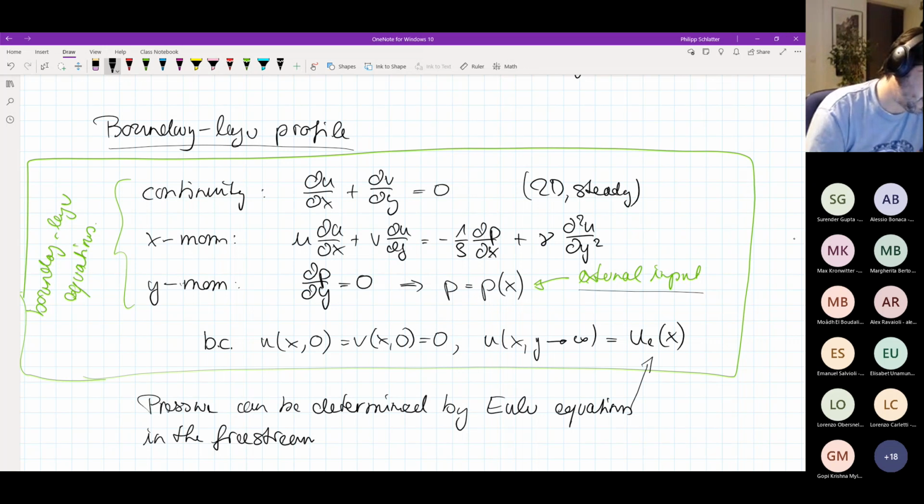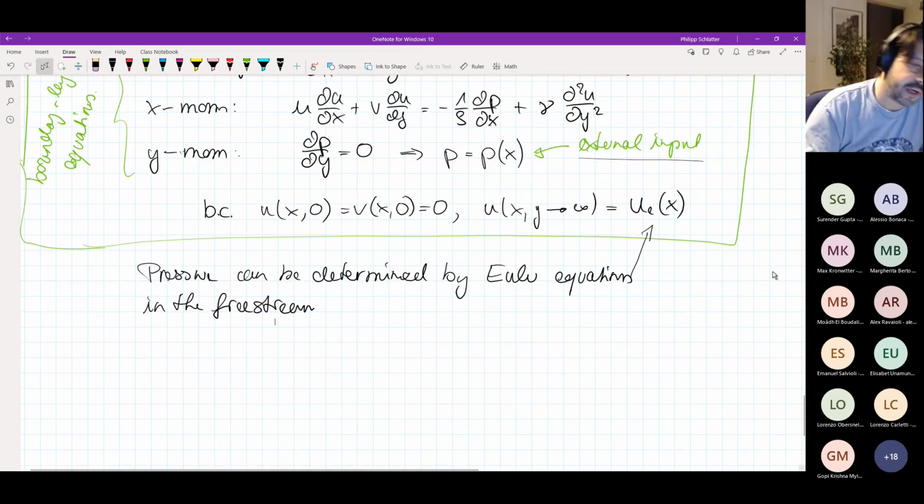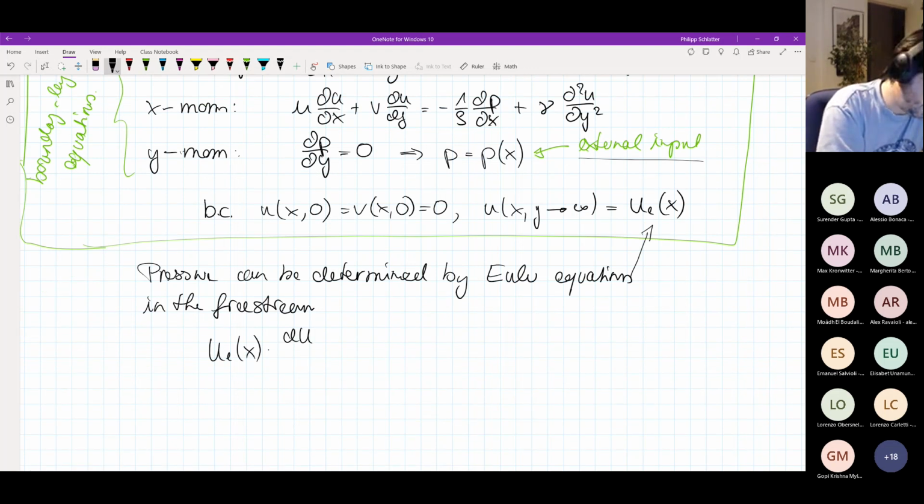The Euler equations in the free stream become very simple, namely it's just UE of x times dUE of x divided by dx. Now I'm writing normal derivatives because I assume that this free stream velocity is only a function of x, so it's not a partial derivative.